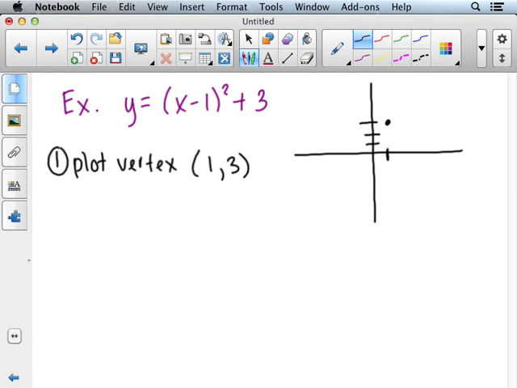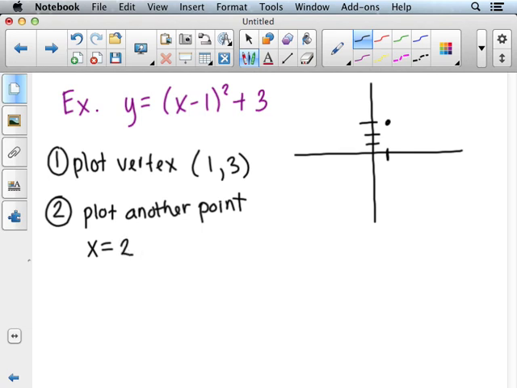Now I need to know where the rest of the points on my graph are going to go. So second thing, just like before, we need to plot another point. You can pick any x value except for the x value from your vertex. I'm going to pick an x value of, let's do 2.